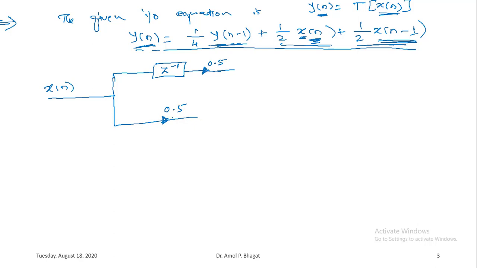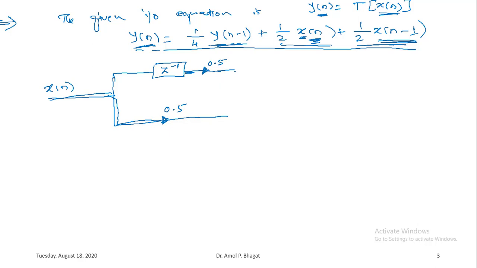Here x of n is coming as it is and getting multiplied with 0.5, so the output will be 0.5 multiplied by x of n, that is 1 by 2 x of n. And here it is getting delayed by one time unit, so the output is x of n minus 1, then it is multiplied with 0.5, so that means 1 by 2 multiplied by x of n minus 1.